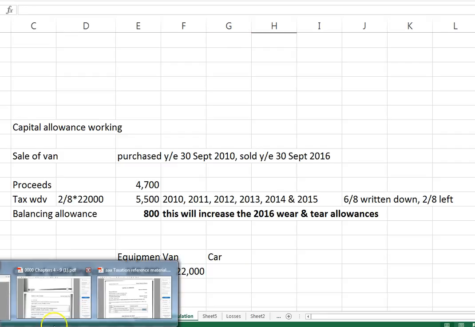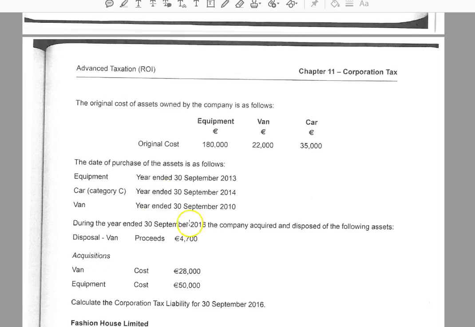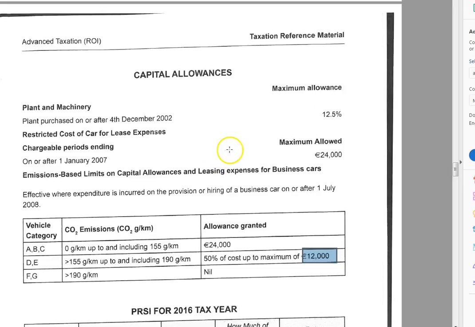The car, does it tell us what type of car it is? Oh yes, category C. It tells the date of purchase, the assets, car, category C. So tax reference material, our friend, category C, 24,000.